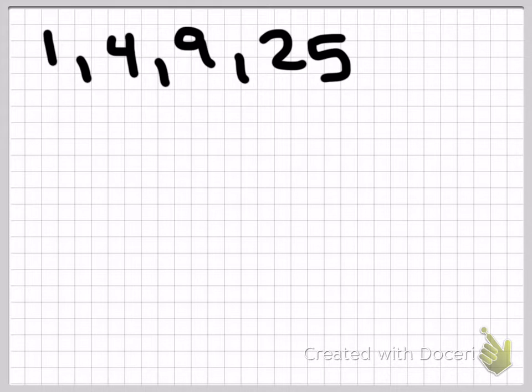Here's another sequence that we need to think about. So if this is going to be how you get from 1 to 4, let's start with addition. So we would add 3, but then we have 4 to 9. That's going to be adding 5.